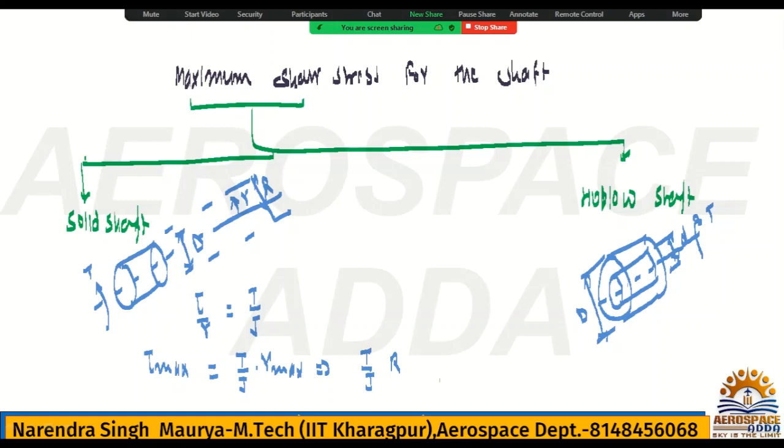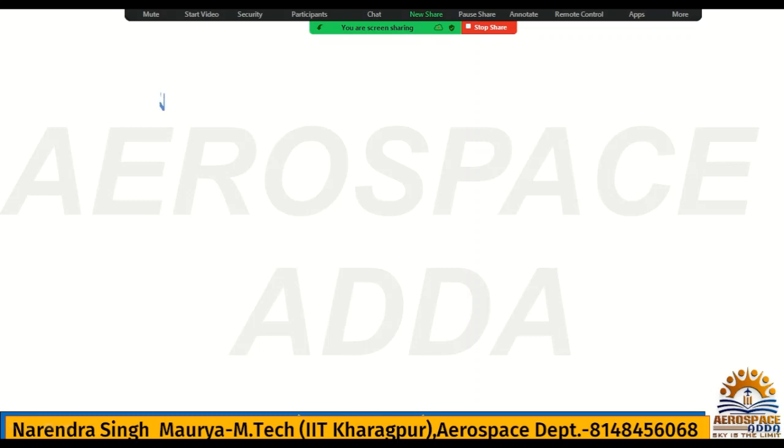For the solid and hollow shaft, what is J? I had given the formula: pi by 32 d to power 4. So tau max is T by J into R. Keep those values of J and R: T divided by pi by 32 d to power 4, into R, which is d by 2.